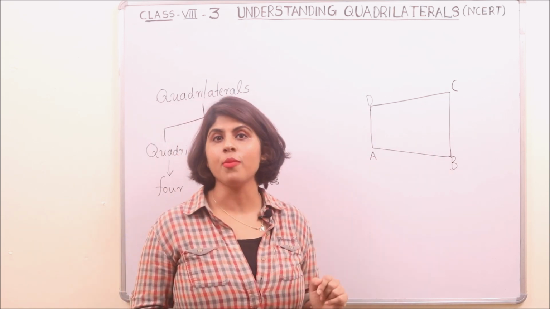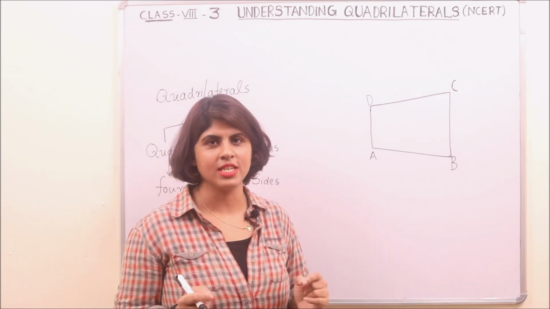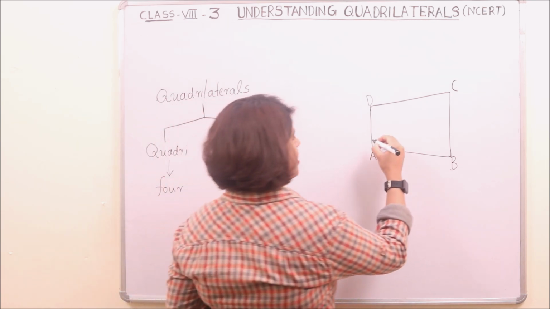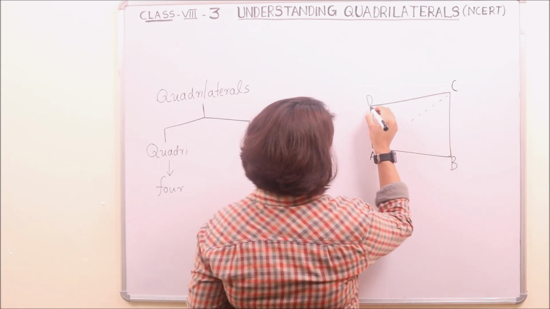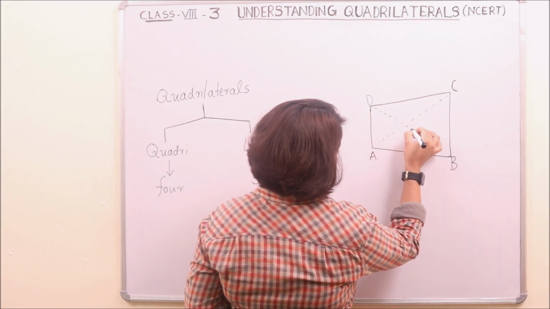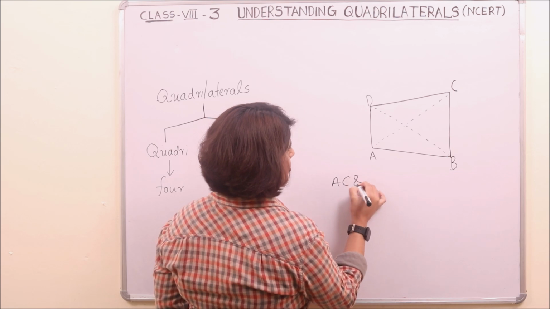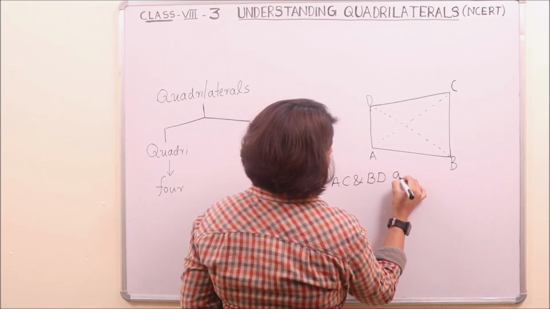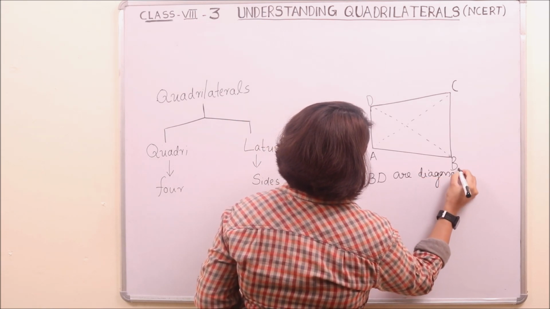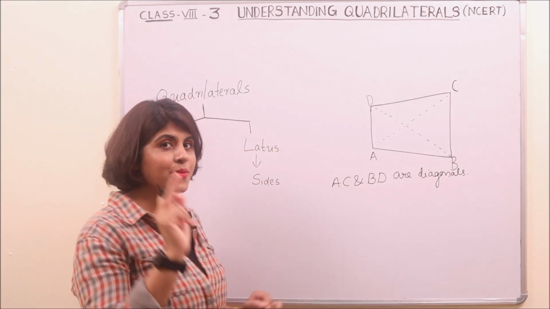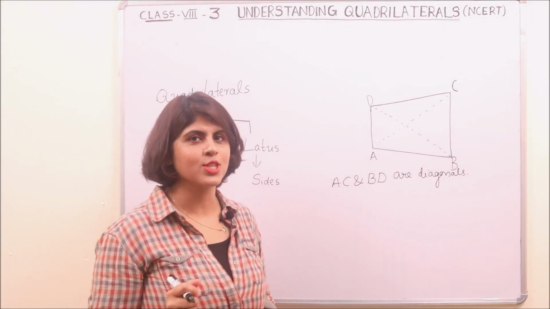A diagonal of a polygon is the line segment connecting any two non-adjacent vertices, right? So here if we connect A and C, we form a diagonal. Similarly, if we connect B and D, we form a diagonal. So AC and BD are diagonals of this quadrilateral ABCD. And we have seen the formula for finding the number of diagonals of any polygon.